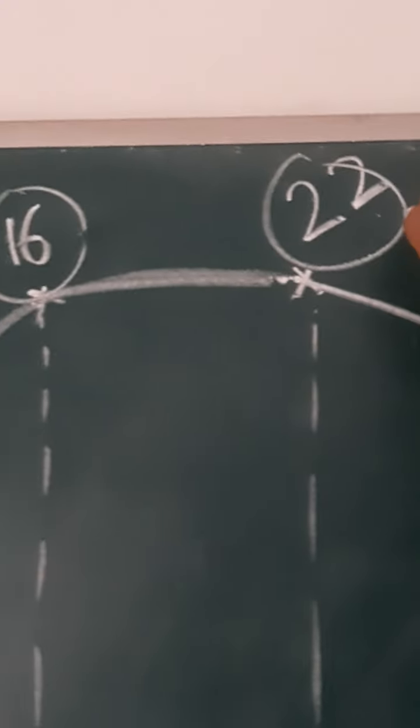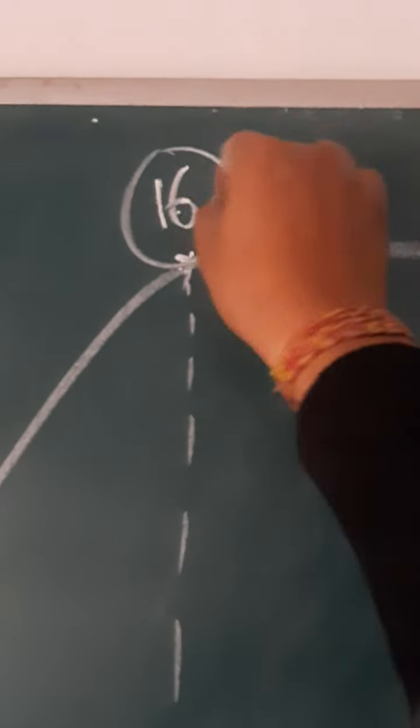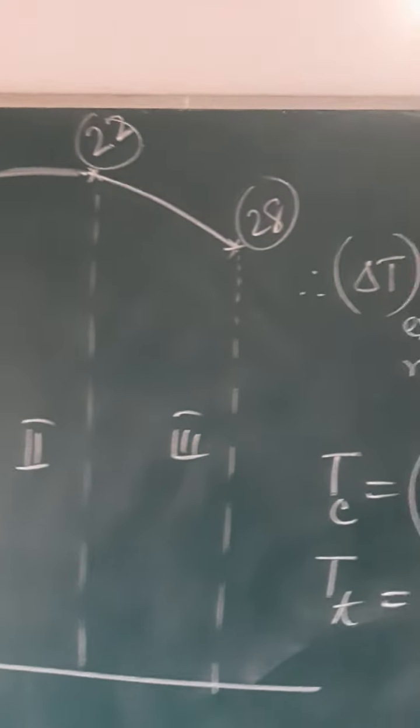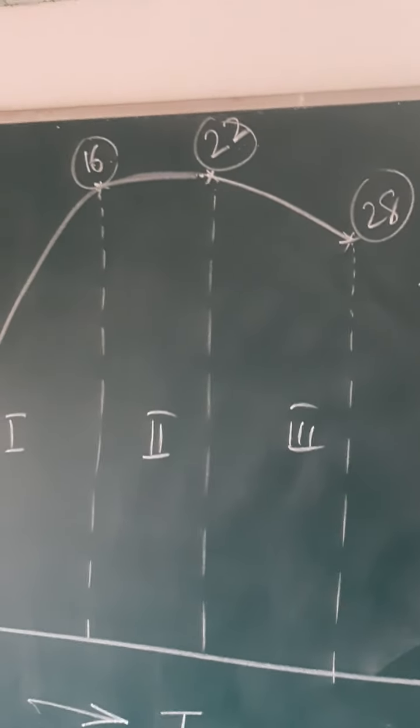I am just telling this, say 16th observation and 22nd observation, from my own. You just check it from your table, and say up to the 28th reading, it was in the decreasing trend or in the cooling zone. So what is delta T rise? T max minus T min.